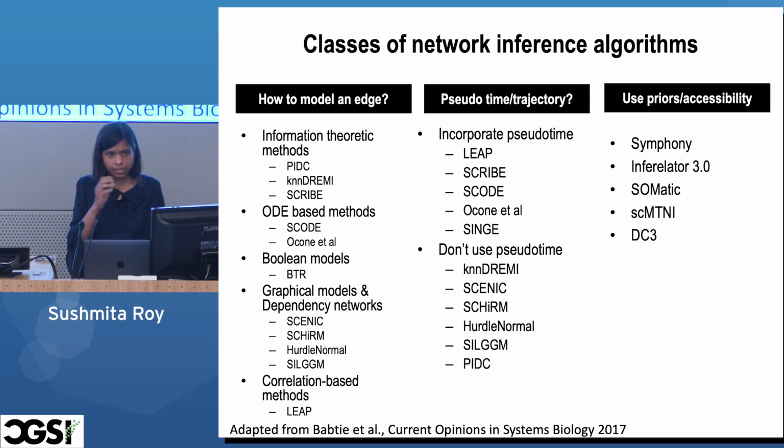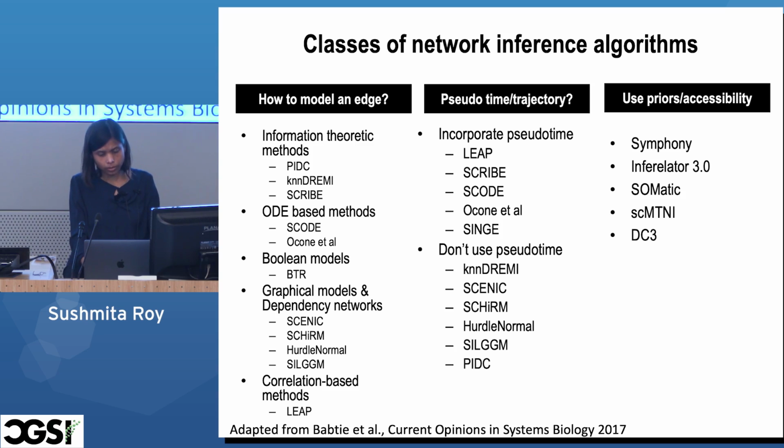Another thing that people have done with single cell data is order cells on a trajectory or pseudotime. There have been methods that have tried to leverage pseudotime to inform the topology of the network. It's still debated whether it's actually useful, considering that pseudotime in itself can be noisy. Depending upon how you estimate pseudotime, you may get a different ordering and a different network.